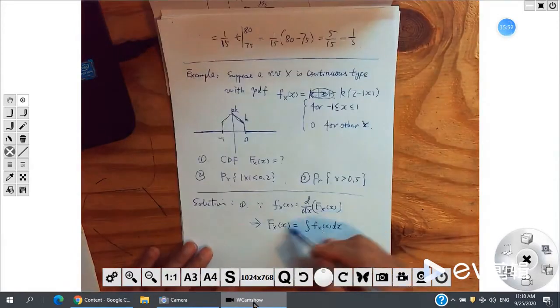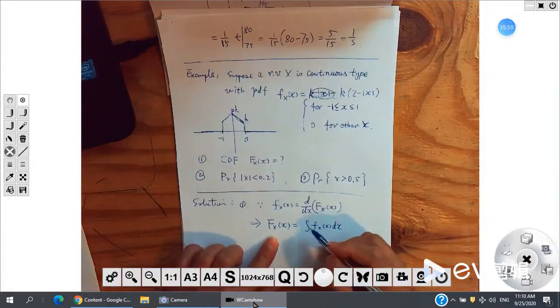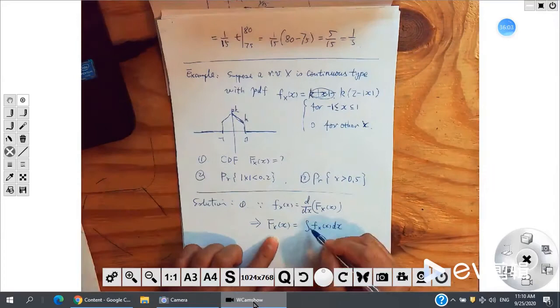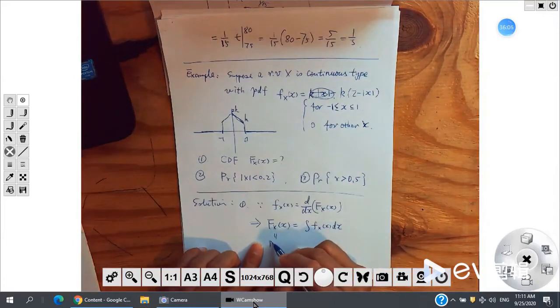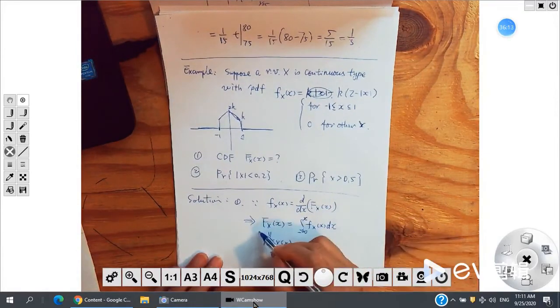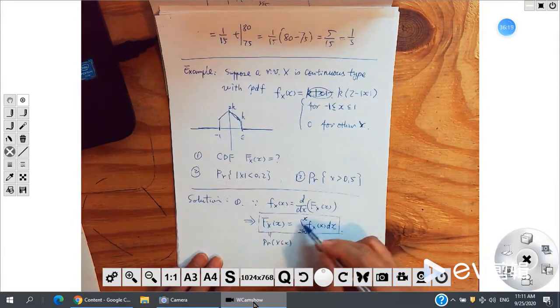This is the probability from negative infinity to x, smaller than x. This is the probability of capital X smaller than x. So we always have this. You can find the Fx by calculating this part.